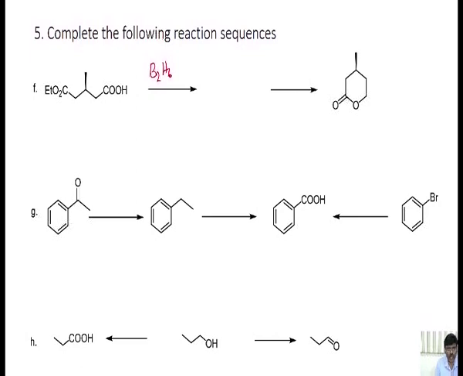When you use diborane, it can selectively reduce carboxylic acid without affecting the ester group. If we use other reducing agent like lithium aluminum hydride, it can reduce both carboxylic acid and ester. Here, for a selective reduction of this carboxylic acid without affecting the ester group, you can use the diborane. This can reduce the carboxylic acid to alcohol.